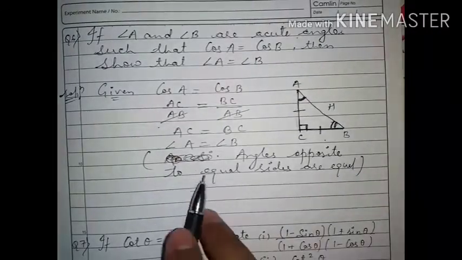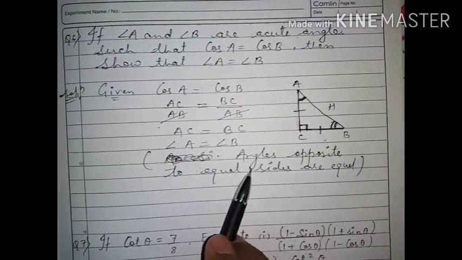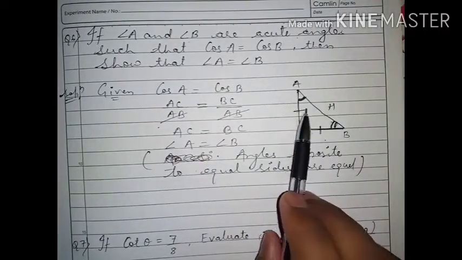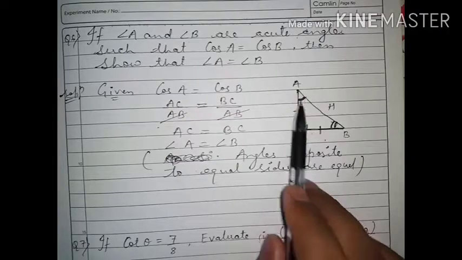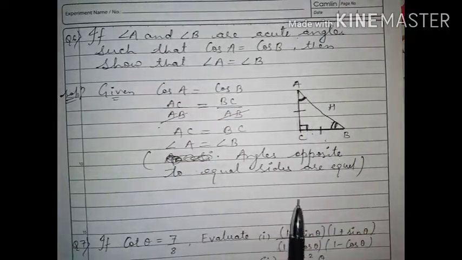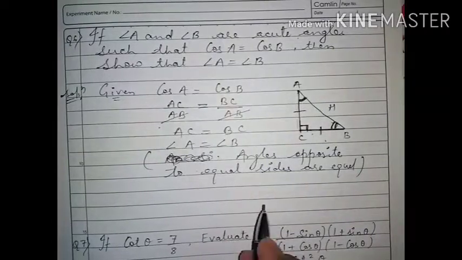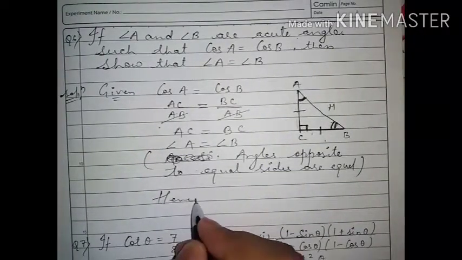You all know this property of triangles. If two sides of a triangle are equal, then the angles opposite to the corresponding sides are also equal. So in this way we can verify it. It is very simple. So you can write hence proved.